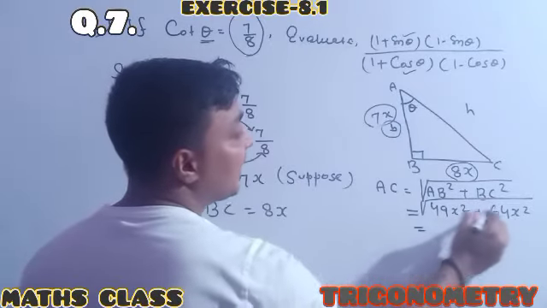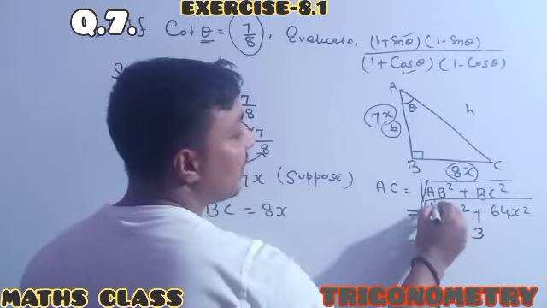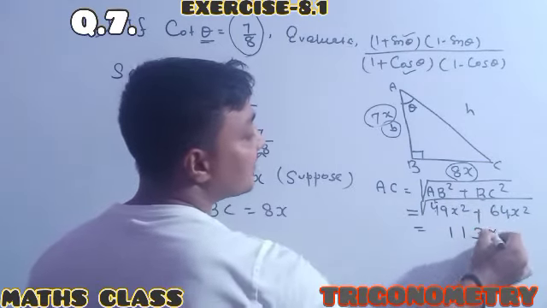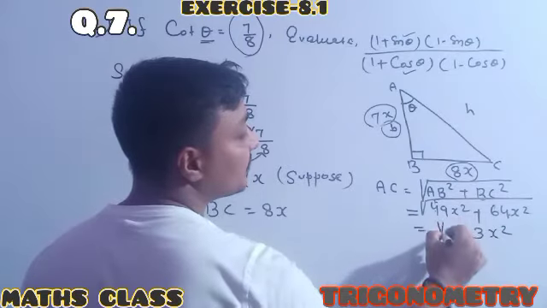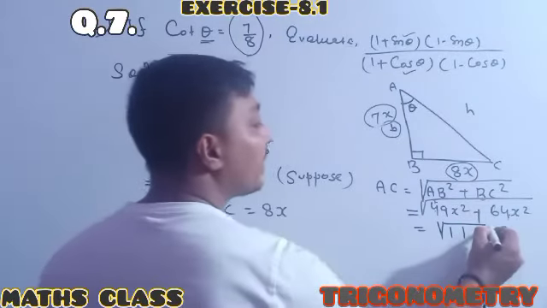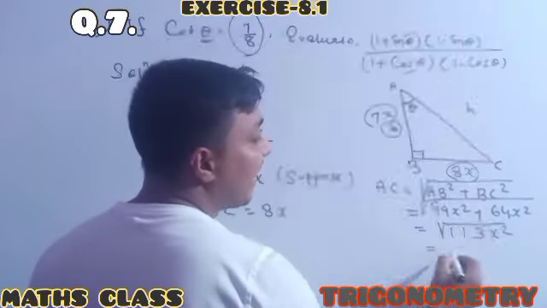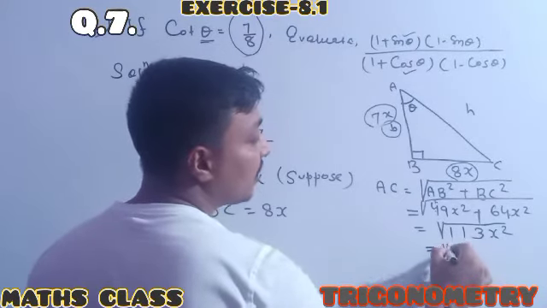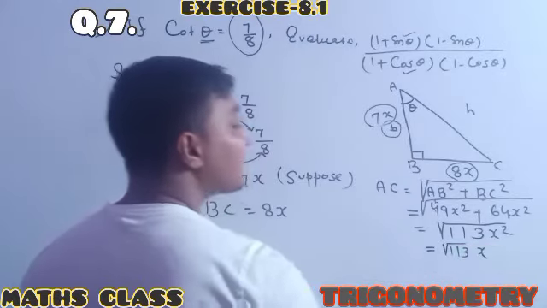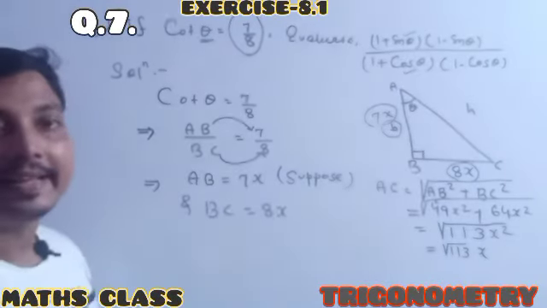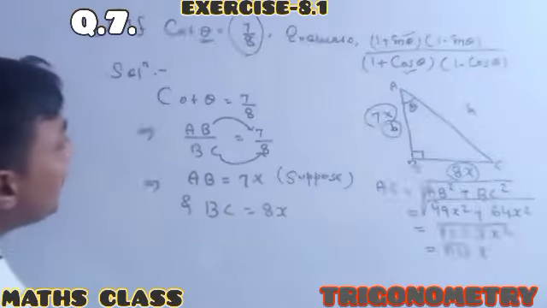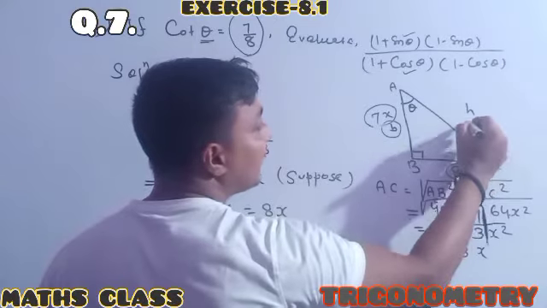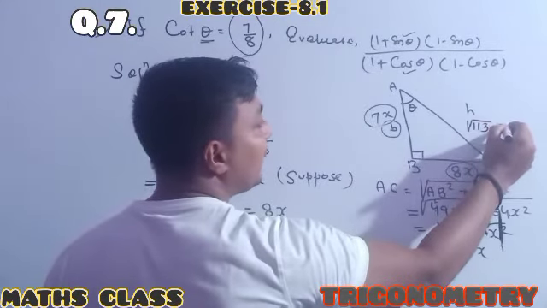Together this gives 113x square, so AC is root of 113 into x.